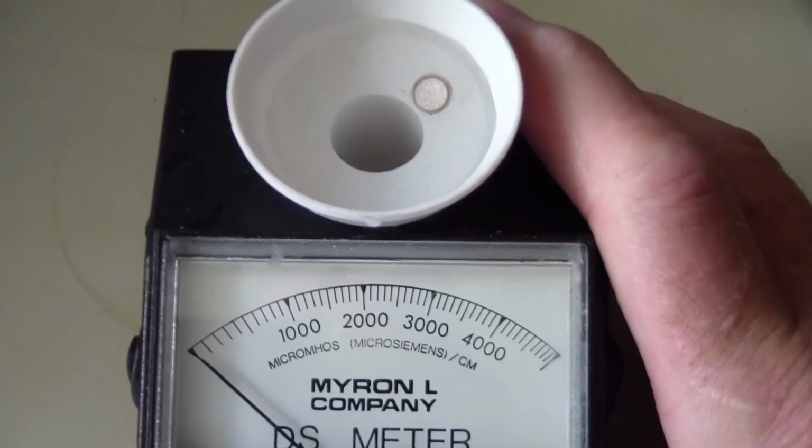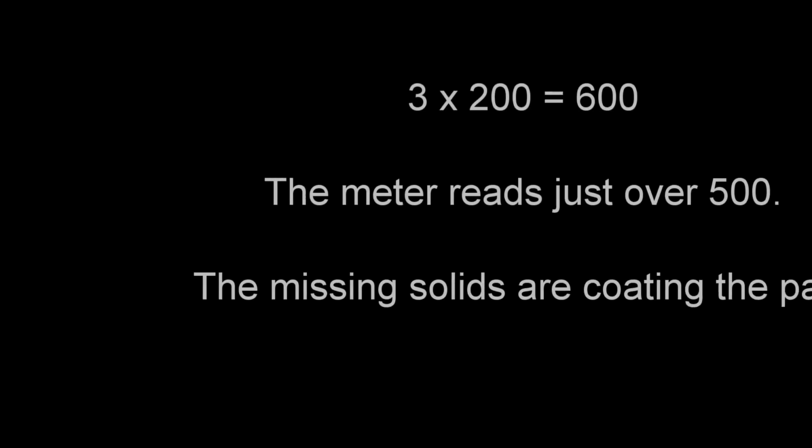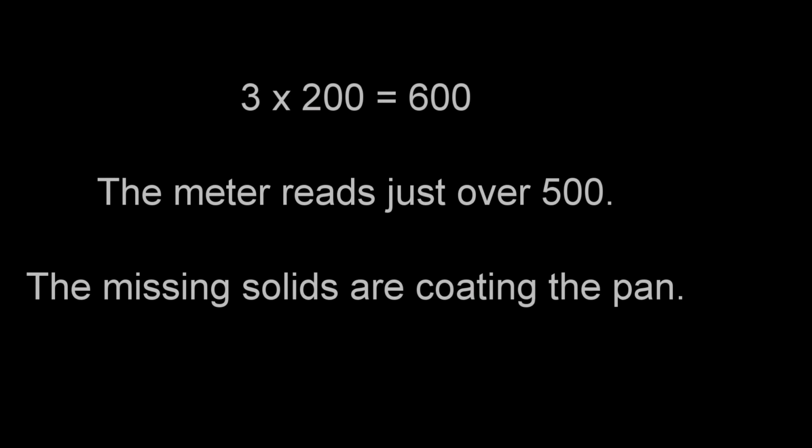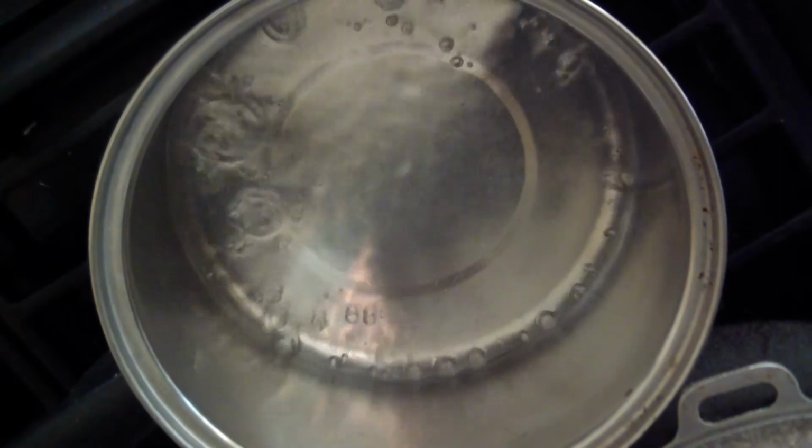With 3 additions, there should be over 600. This missing amount of dissolved solids is the first indication of a formation of solids on the surface of the pan. Now, the fourth 100 milliliters are added and the vaporizing process continues.